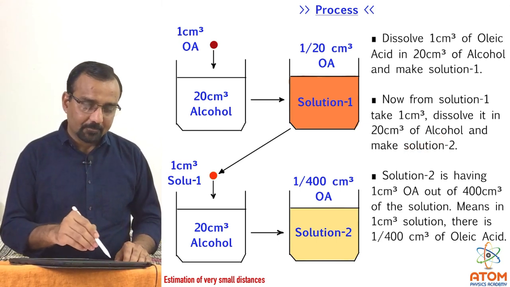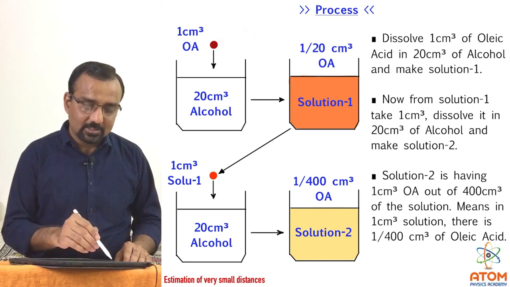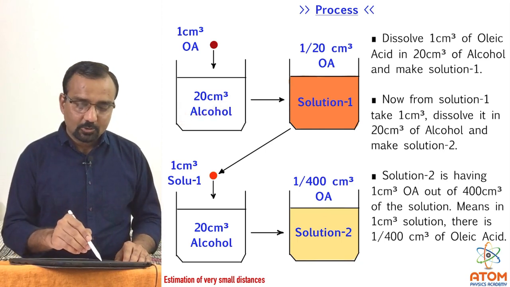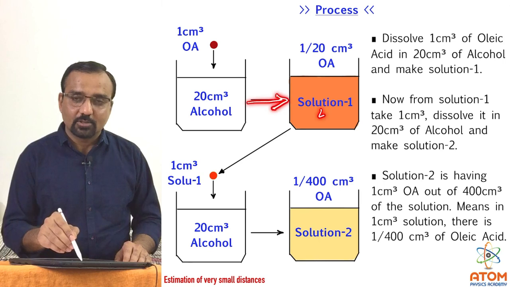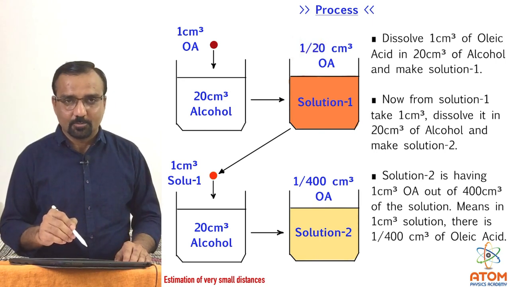See this figure here. Here is 1 centimeter cube of oleic acid, which is dissolved in 20 centimeter cube of alcohol. So, this is solution 1, where the proportion of oleic acid is 1 by 20 centimeter cube.